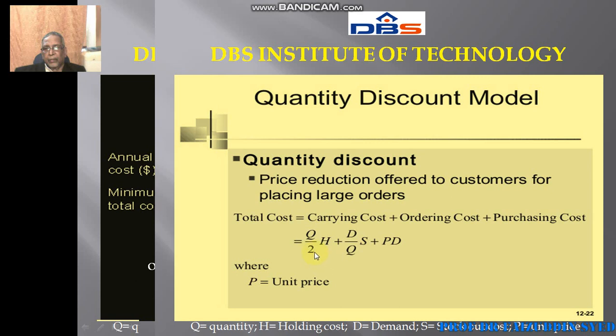So the formula is QH divided by 2 plus DS divided by Q plus PD. If you apply this formula, you will get the total cost with quantity discount.